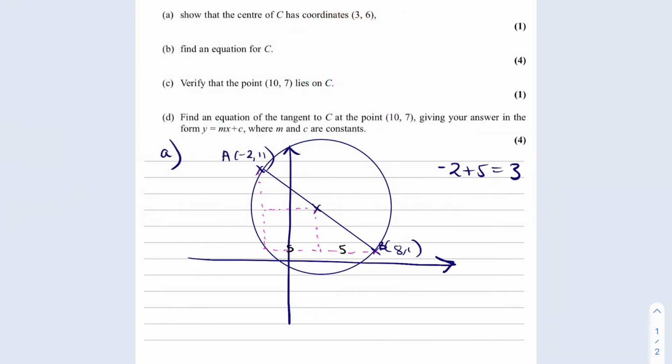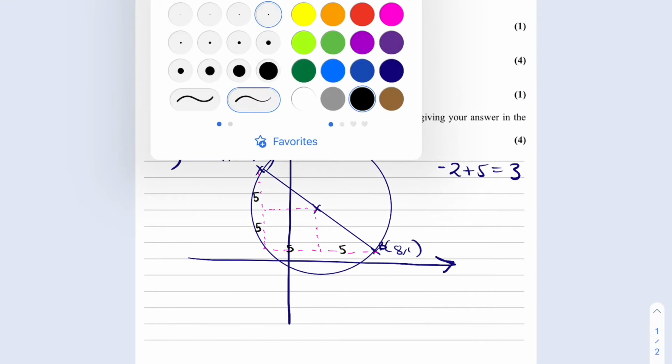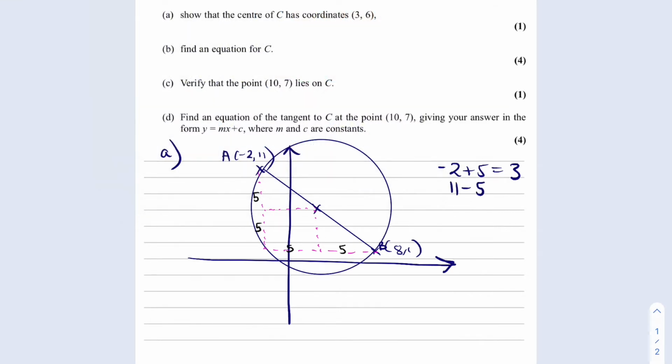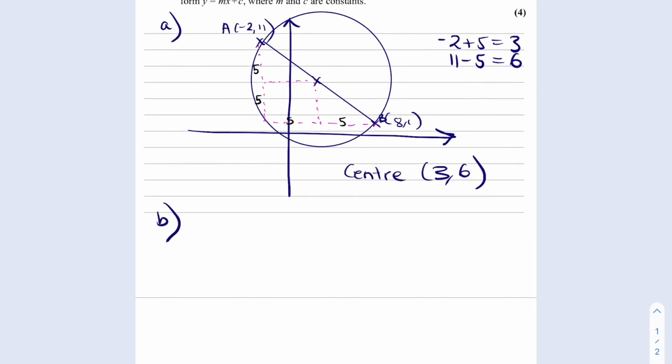The distance between 11 and 1 is also 10, so you've got 5s in this direction too. So I can do 11 take away 5 if I'm starting from the point A. So the centre is at 3, 6, and that will suffice for your 1 mark.